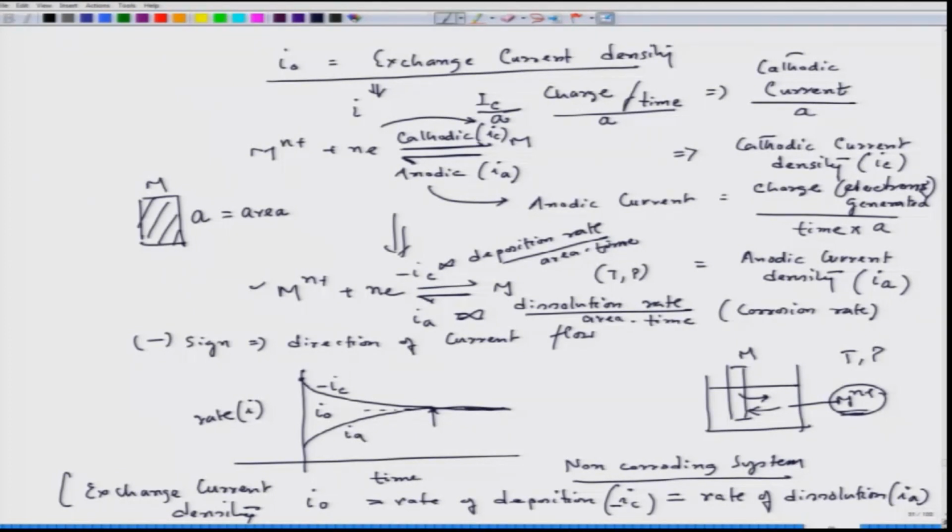This exchange current density is unique at a particular temperature and pressure on a metal surface for that particular reduction or half-cell reaction.